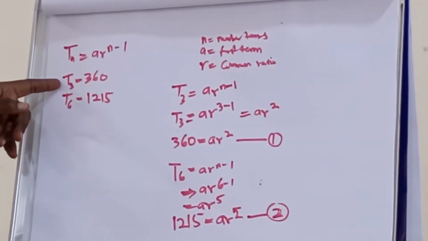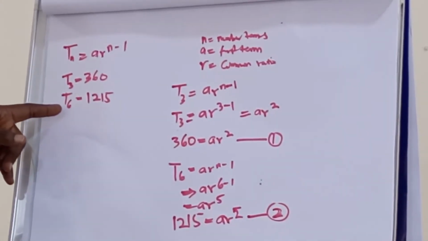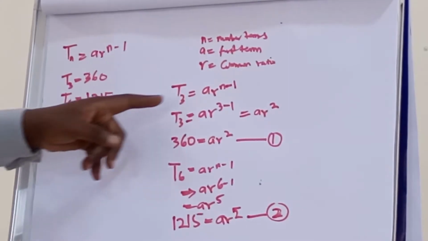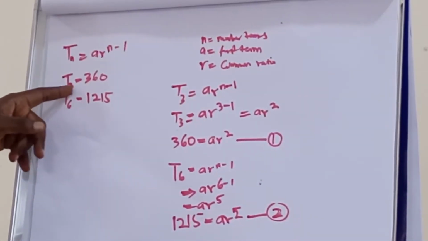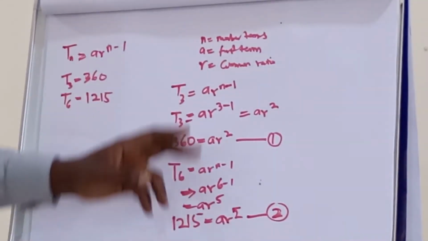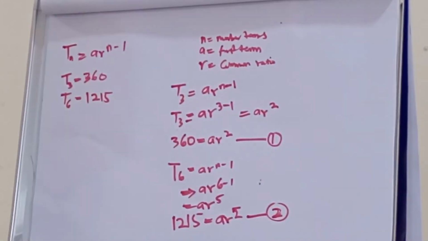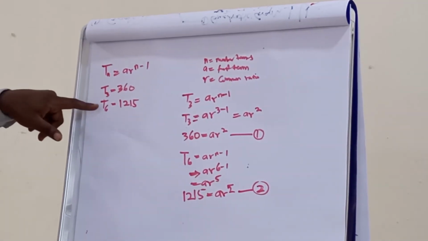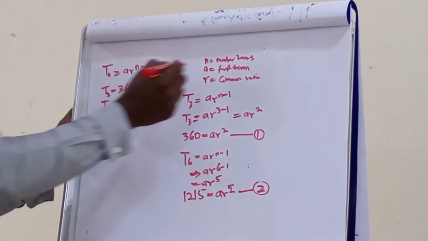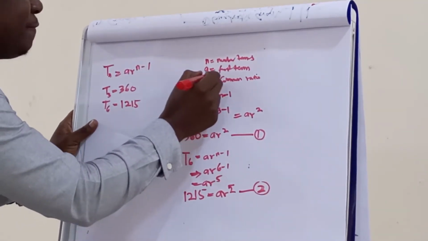I've told you the third term, and I've told you what? The sixth term. I said n is the number of terms, and I've given you those already. I give you these two equations, so you should be able to solve this. The question says they give you the third term and the sixth term alone. They say you should find A and find R.